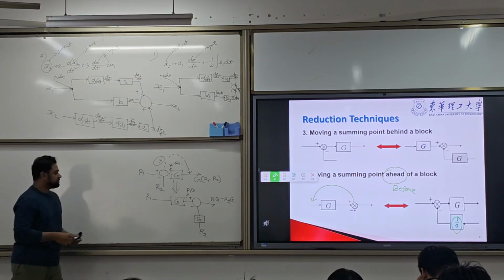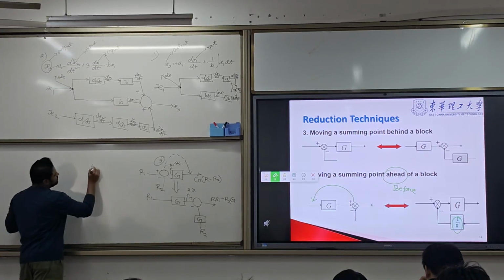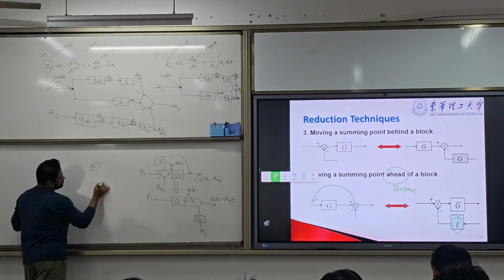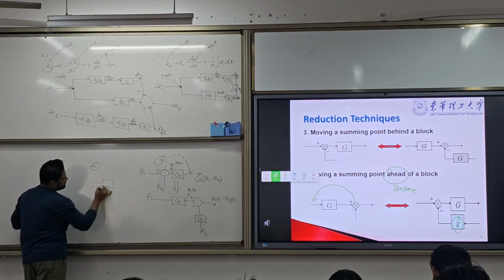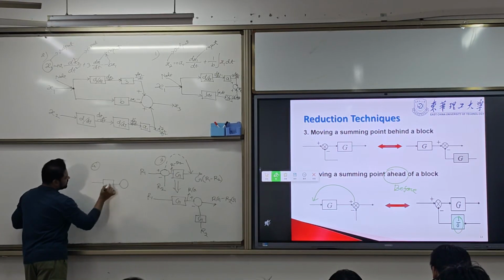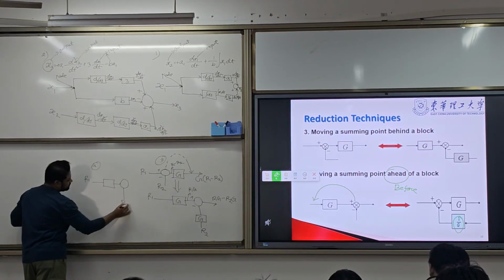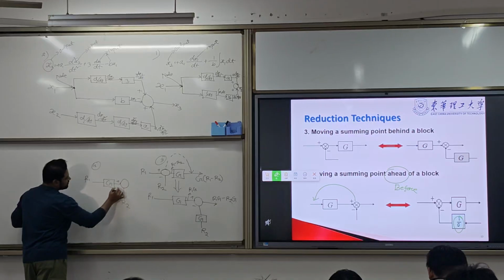Let's see here. Again, the same thing we will do. Suppose there is a gain and I have a summing point here. I have one input, there is another input, there is a gain, the summing point is here.